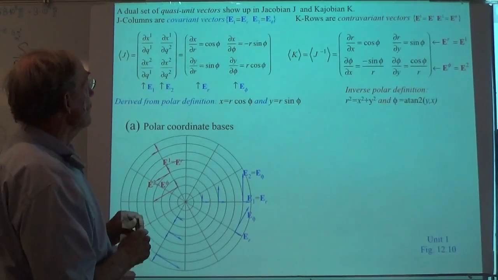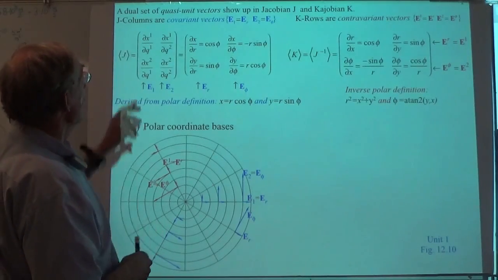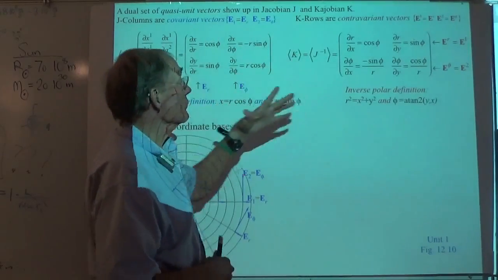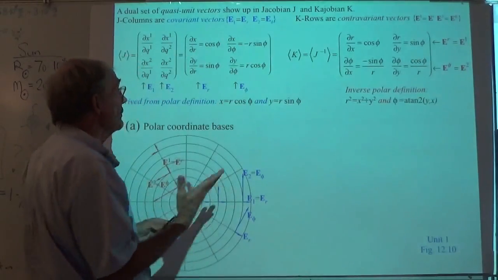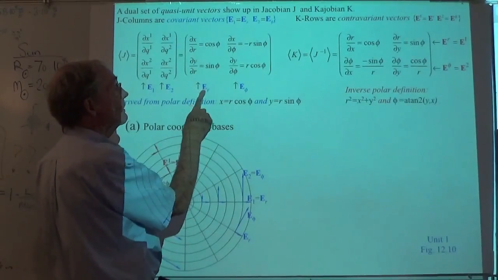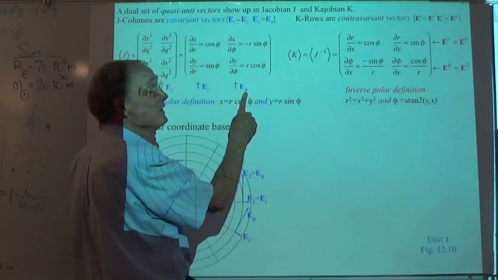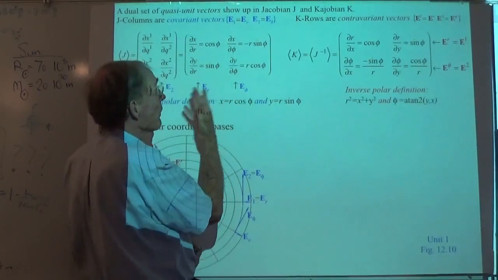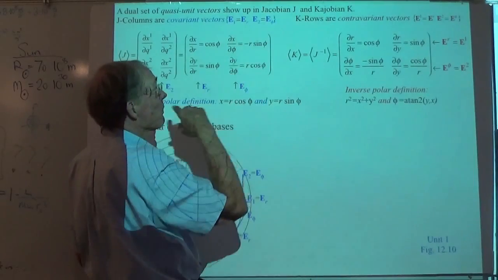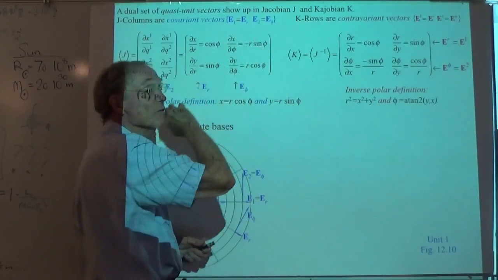So here's what happens, and it's really kind of neat. And that is that the Jacobian columns are the covariant vectors. So as soon as you write your Jacobian down, the first thing you should do is say, this vector here is my covariant R vector, and this vector here is my covariant phi vector for the curvilinear coordinates of R and phi for the polar coordinates. Regardless of what, this could be electric field, a component R and phi, for example.